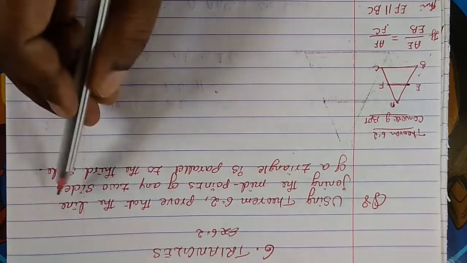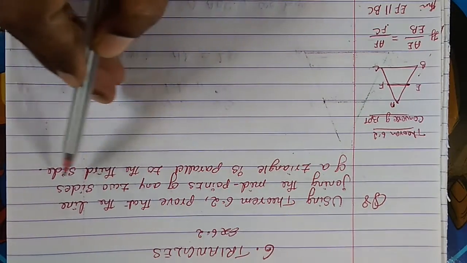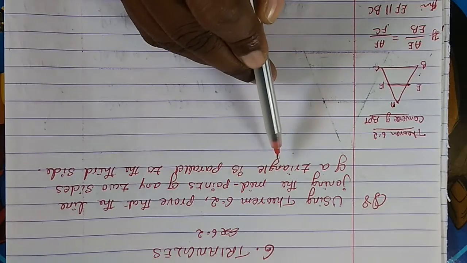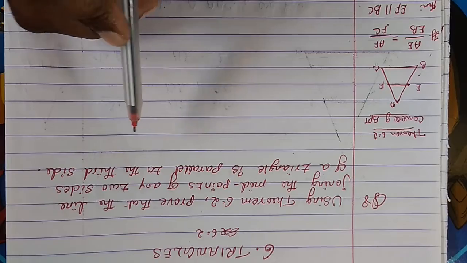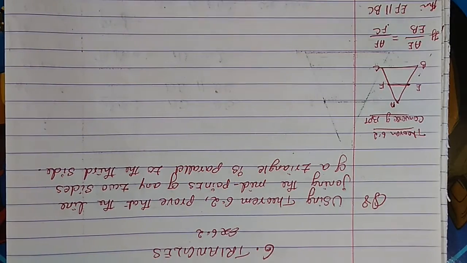So we have to prove that the line joining the midpoints of any two sides of the triangle is parallel to the third side. First, let us draw a triangle.